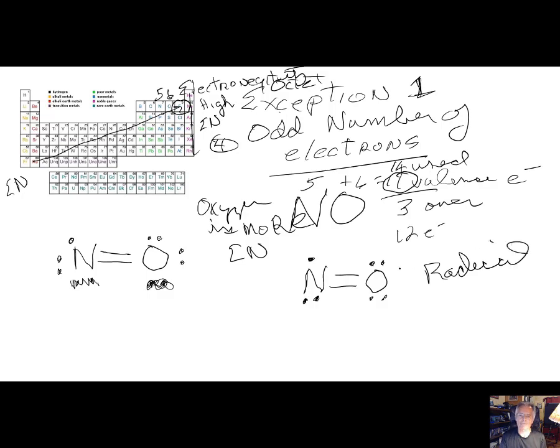and whenever you have an unpaired electron in a species, you have a radical, and this will occur whenever you have an odd number of electrons. You have to make a choice between the more electronegative atom and the less electronegative atom.